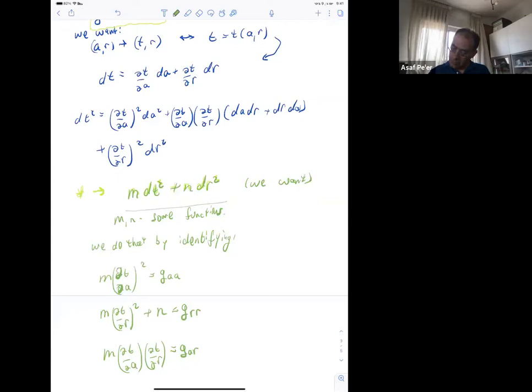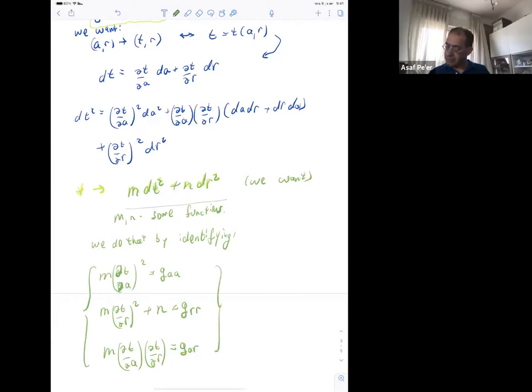So in principle, we have three equations with three unknowns, right? The unknowns are the functions t of a and r, m of a and r, and n of a and r.